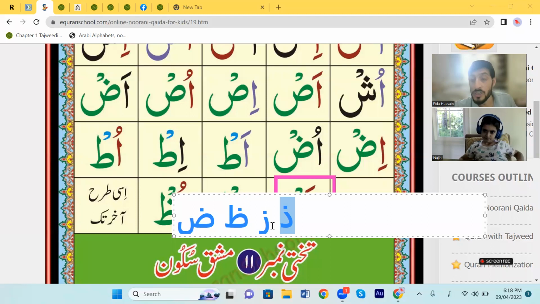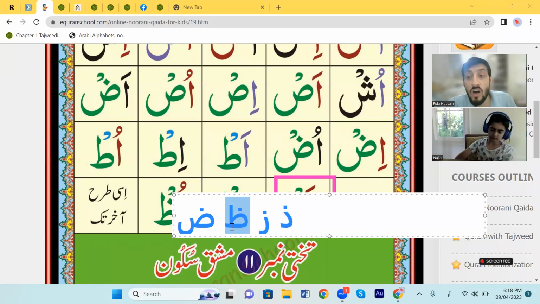Okay, so we need to pronounce dal as an Arabic letter because it is soft and simple. You need to make the soft letter with the edge of your tongue and the edge of your upper teeth, dal. And this one is simple, za, we read it easily.